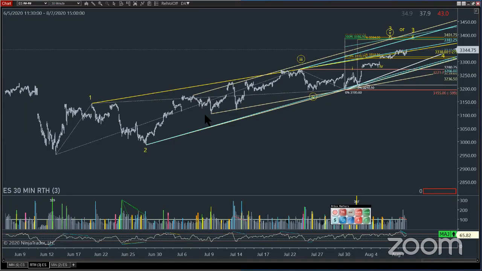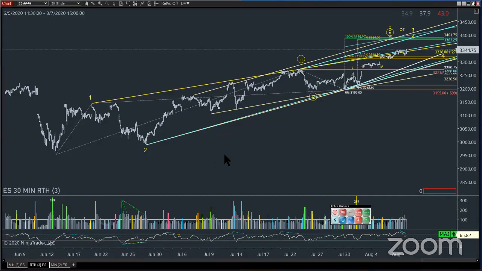Such an awkward little pattern right in there. I swear it makes me think ending diagonal, but it just doesn't work. It does if it's ending right now, but I really don't believe that.